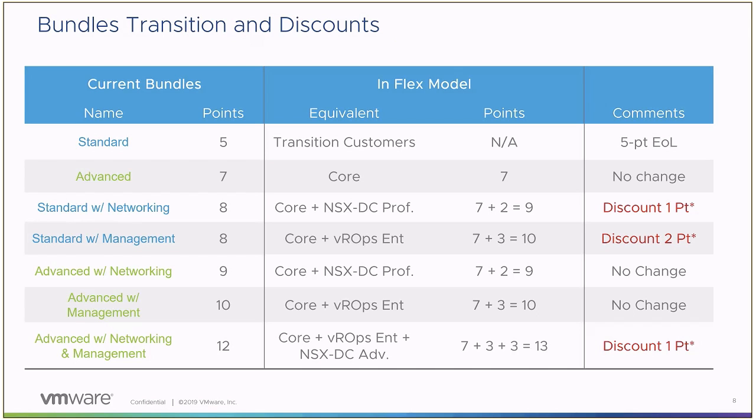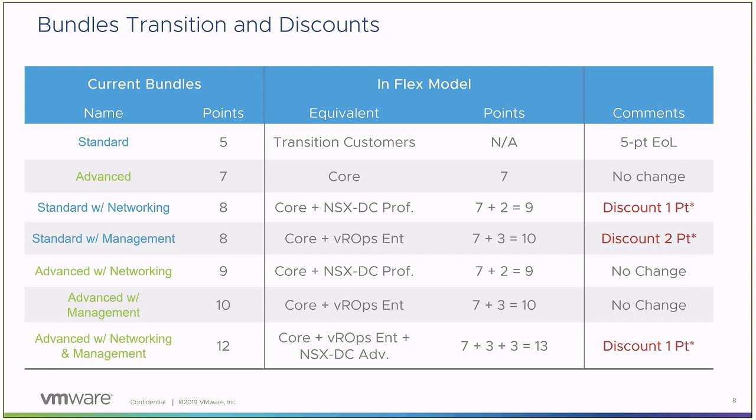Standard with management will be discounted 2 points, going from 8 to 10 points. Advanced with networking, no change. Advanced with management, no change. Advanced with networking and management, 12 points will be 13% and will be discounted with 1 point. And as I said, that is for 3 years.